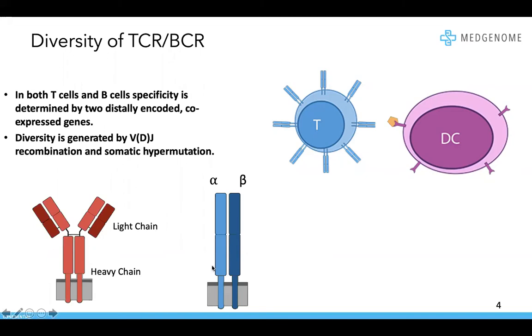And the T cell receptor consists of two parts, the alpha chain and the beta chain. There are also T cells that have gamma delta chains in the T cell receptor, and I'll talk about that in a while. But for most of this training, you can simply think about alpha beta because those are the most abundant T cells and also the most relevant to most of our clients.